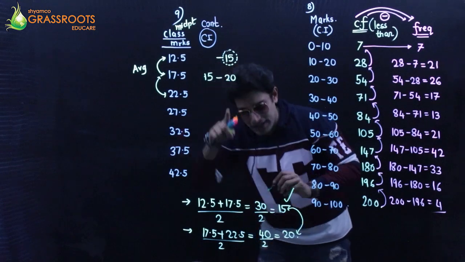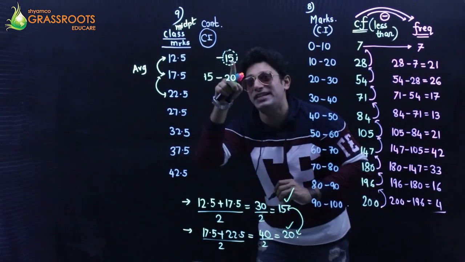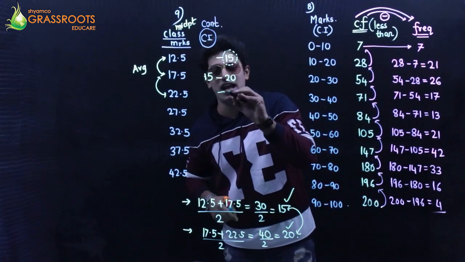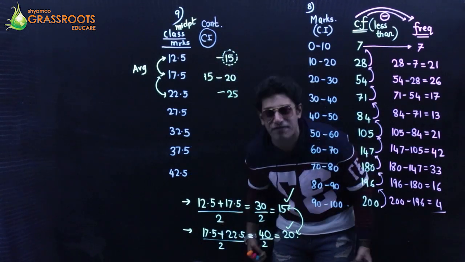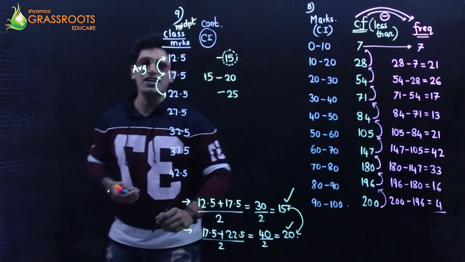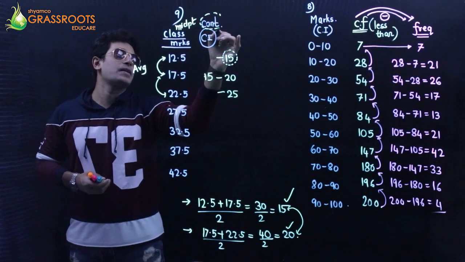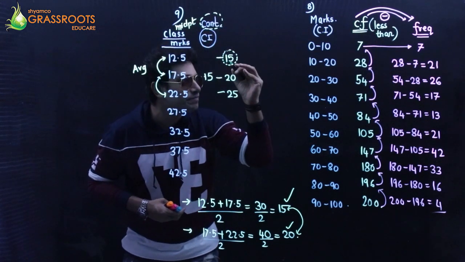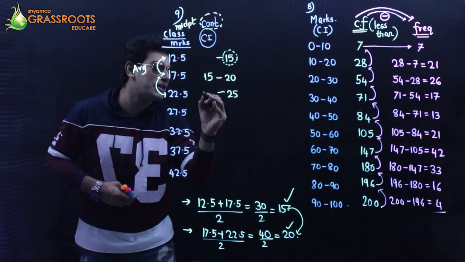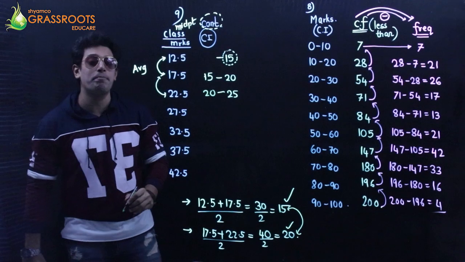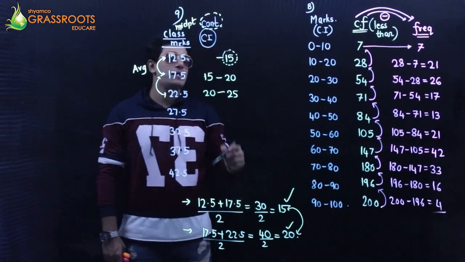For the next class, the upper limit is 20. For the next class, the upper limit will be 25 because the gaps are of 5, 5, 5, 5. It's a continuous class. So if it ends at 15, it should begin at 15. Ends at 20, begin at 20. See how the pattern flows.